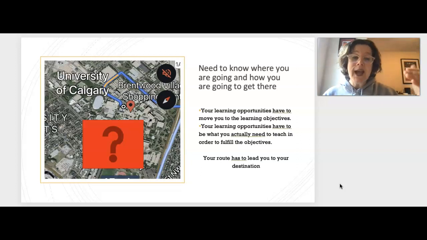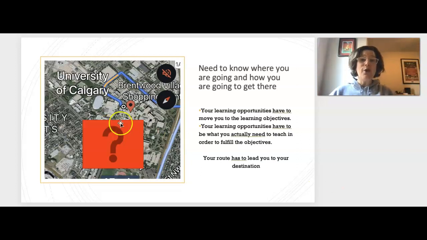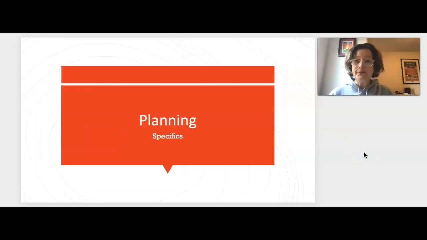So your route has to lead you to your destination. If you're trying to get to MHC and you end up at the University of Calgary, it's not a bad place to be, but it's not where you are headed, right? So you have to know where you're going, and your learning opportunities have to get you to that destination.